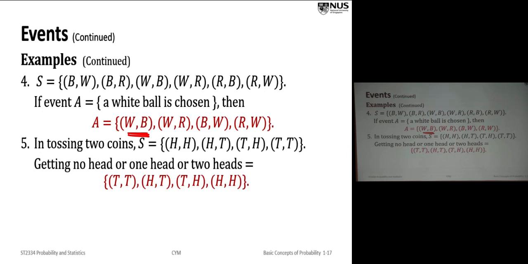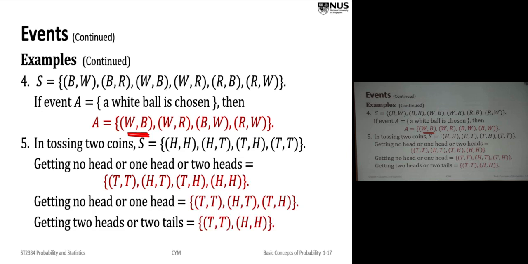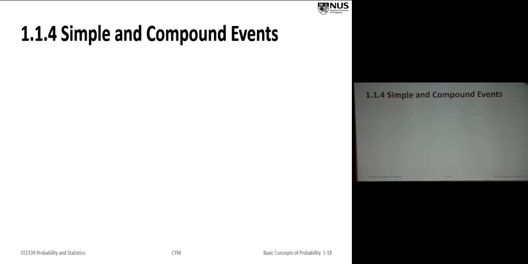All right, so here are more examples. You can look at it. Now we look at something called simple and compound events. Simple simply means that it consists of only one outcome.